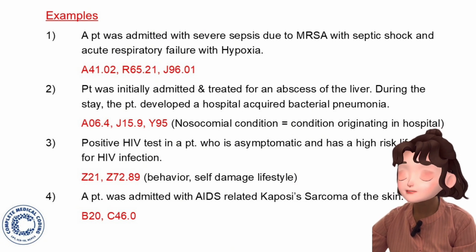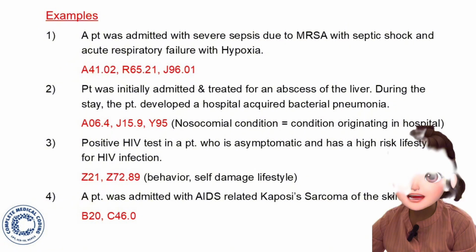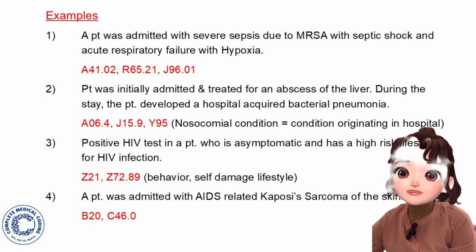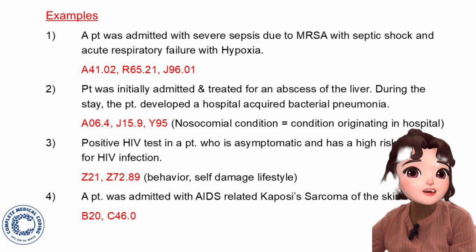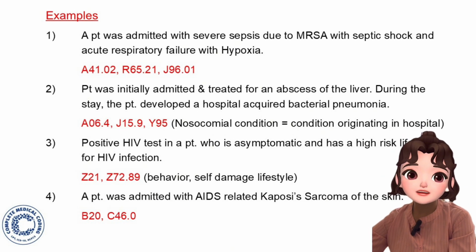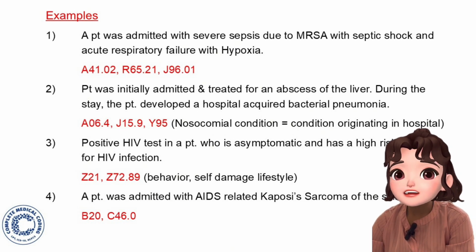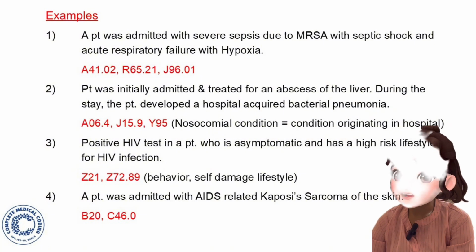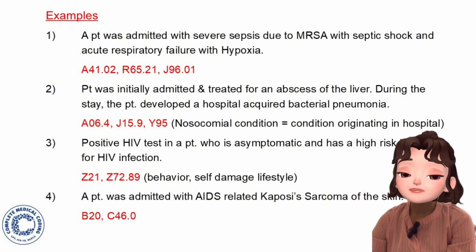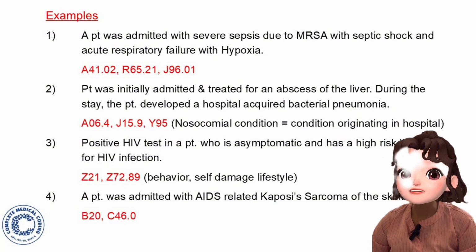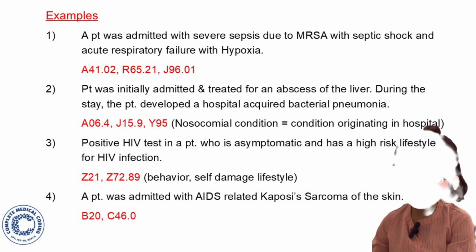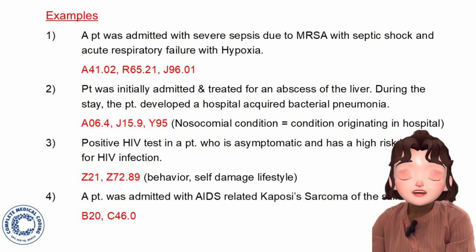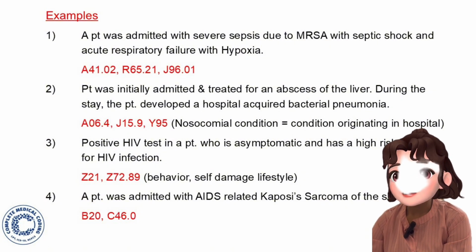Z72.89 represents problems related to lifestyle, like behavior, self-damage, lifestyle, that is why I mentioned it in the bracket. So asymptomatic HIV code first, followed by what causes that condition, which you always mark at the end.